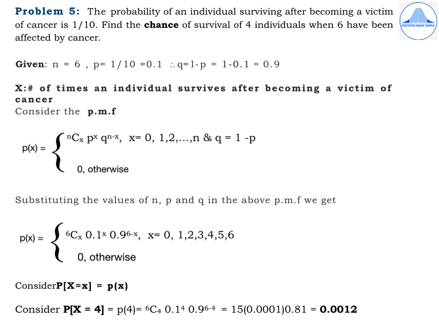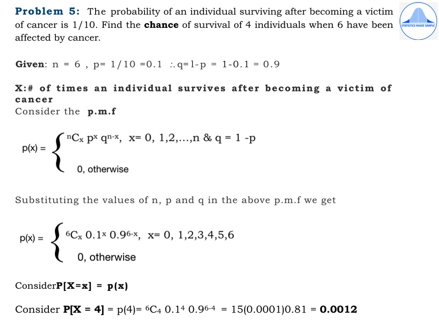The next step is to define capital X, and remember always that X stands for number of successes. Here the number of individuals who survive after becoming a victim of cancer will be X. Now write the general format of the PMF of the binomial distribution. P of x equal to, open the flower bracket, nCx, p to the power x, q to the power n minus x.